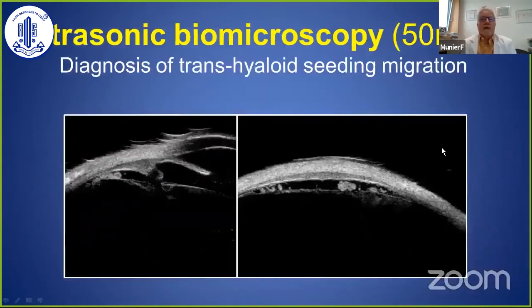Now, regarding ultrasonic biomicroscopy, I think it's very important to be able to detect a trans-hyaloid migration of the vitreous seeds. And we have seen this also tens of times. And of course, your therapeutic strategy will be totally different if you have seeds in the aqueous.